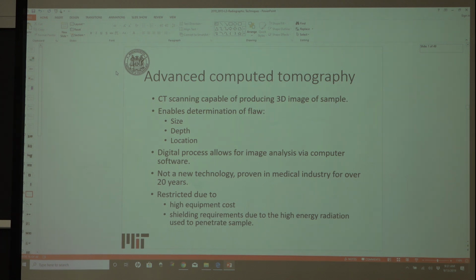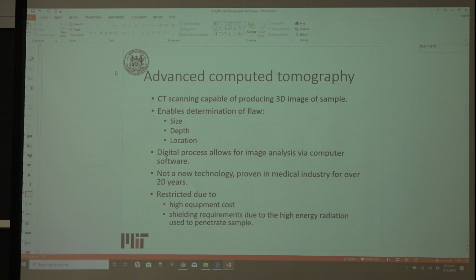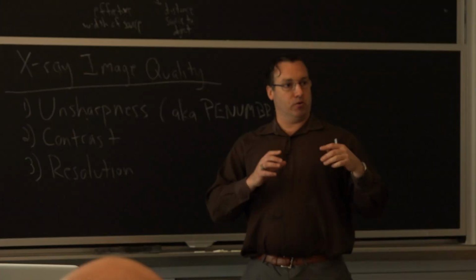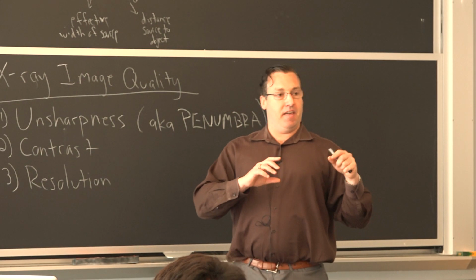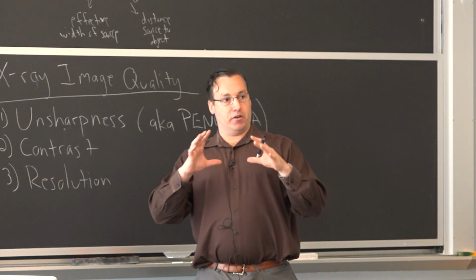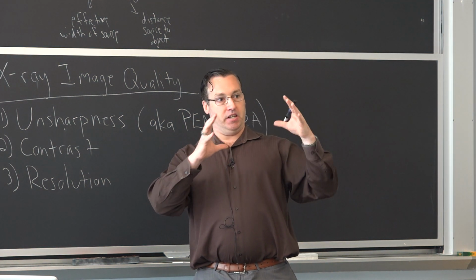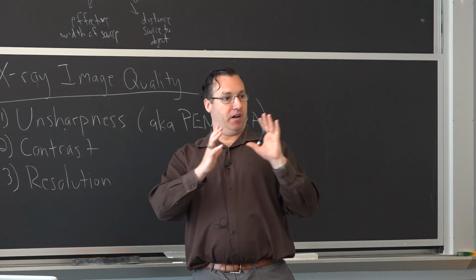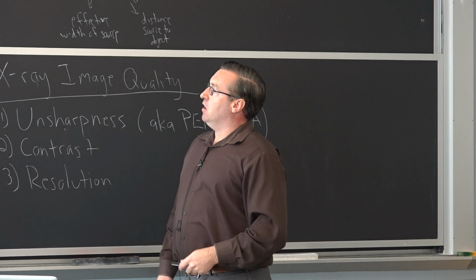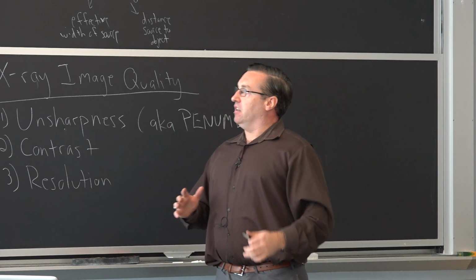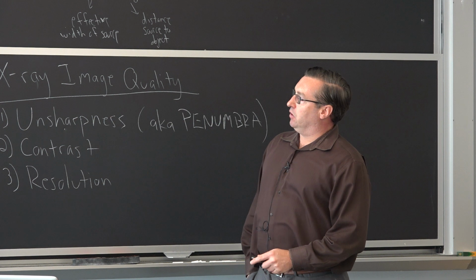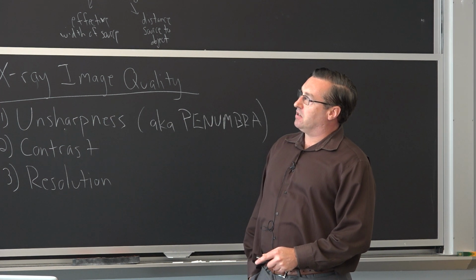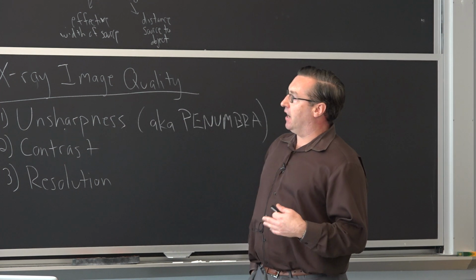The difference between digital radiography and computed tomography is that you're able to take multiple thousands of 2D slices because the sample rotates 360 degrees, and then you can use rendering software to get a 3D CAD CAM model that you can interrogate and look at various depths with the software. So the digital ability to look at internal flaws is one of the main advantages of the technique.